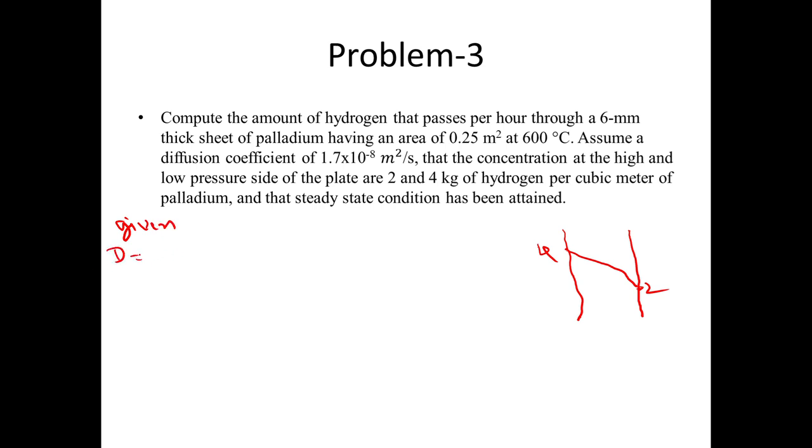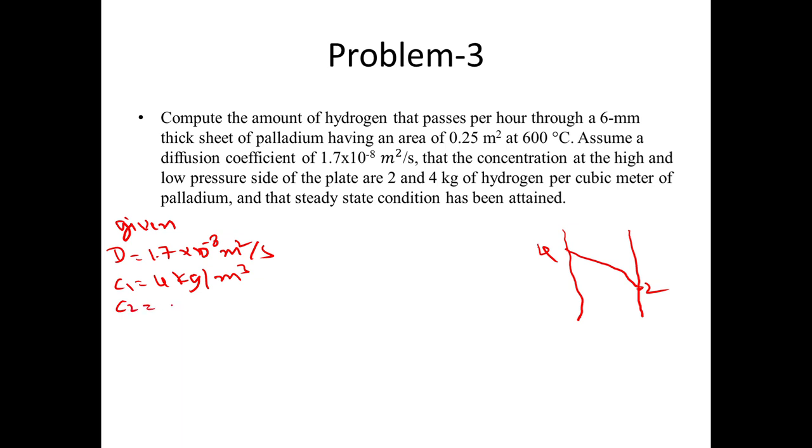D value is 1.7 into 10 to the power minus 8 meter square per second. C1 is 4 kg per meter cube.